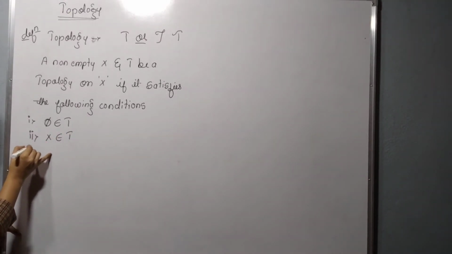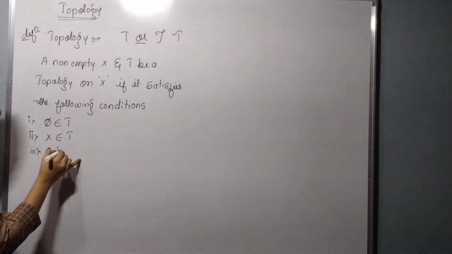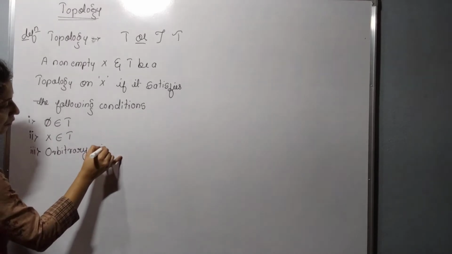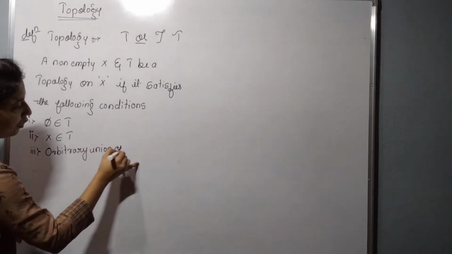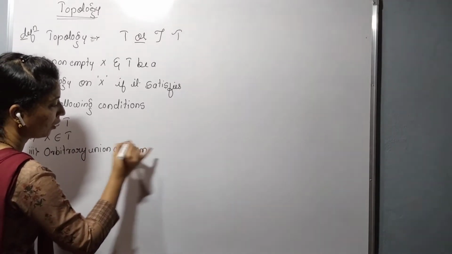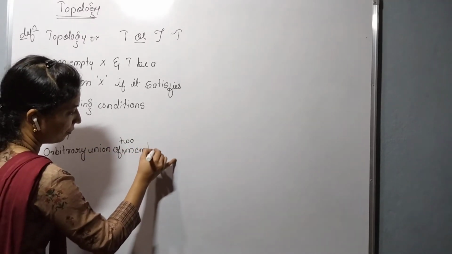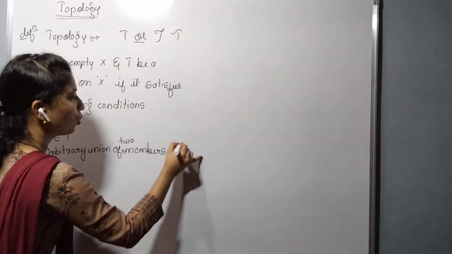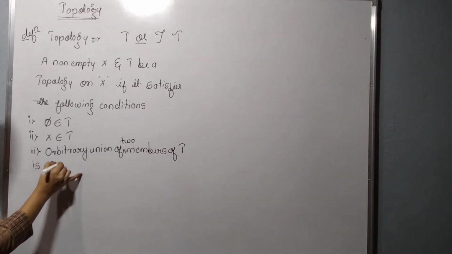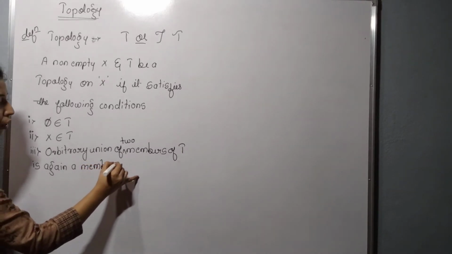Then third condition is arbitrary union of members of tau, arbitrary union of two members of tau is again a member of tau.